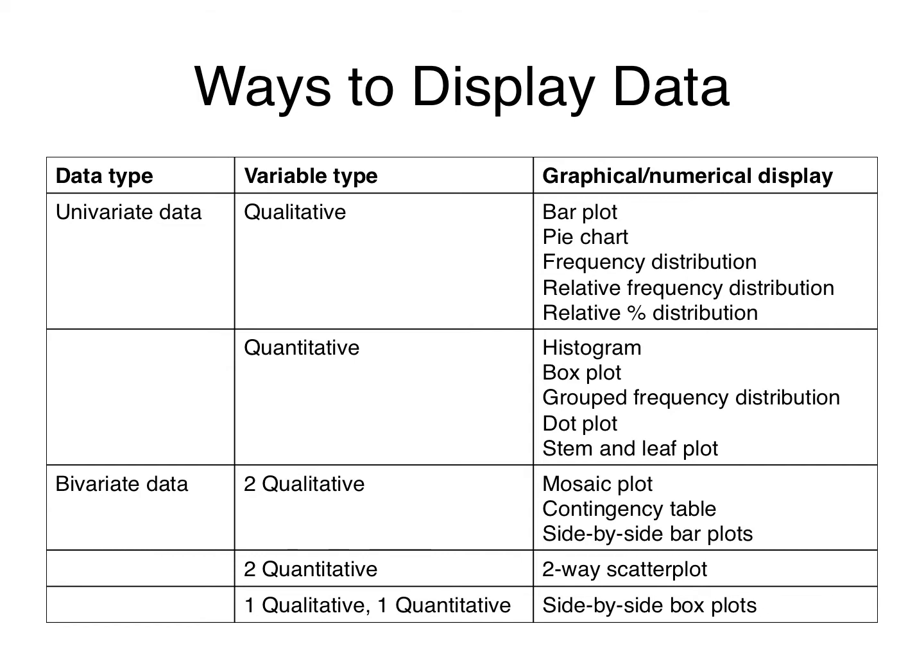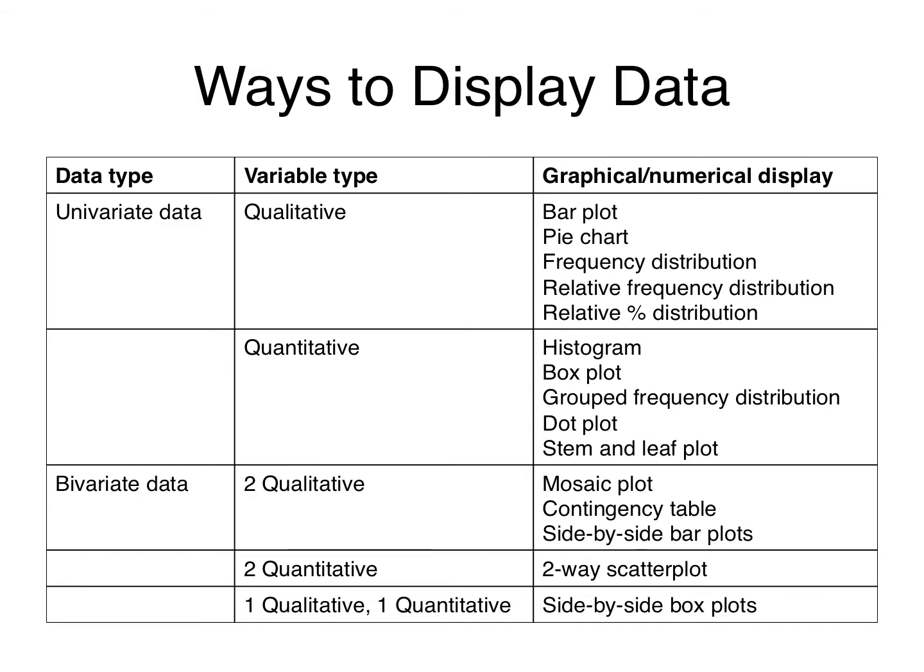There are different ways you can display univariate and bivariate data depending on the types of variables that you're dealing with. I'll start with univariate. Variables can either be qualitative, also known as categorical variables, for example, women versus men, or quantitative, also known as numeric variables. These indicate how much or how many, for example, weight.